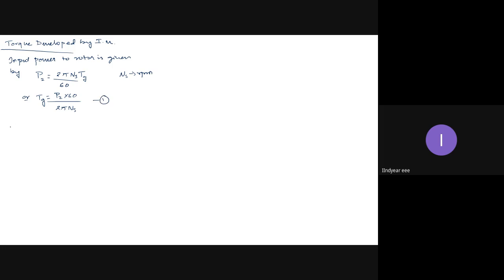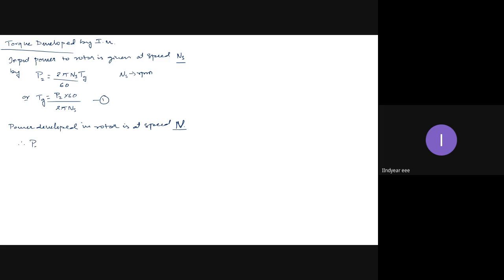Then power developed in rotor is, input power to the rotor is given at speed ns. Power developed in rotor is at speed n. This is a difference, which you should note.